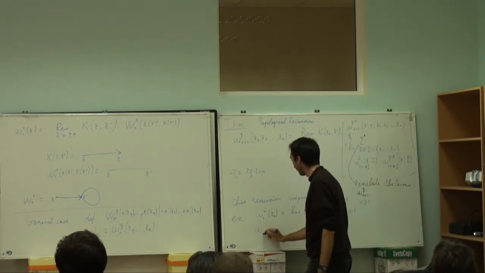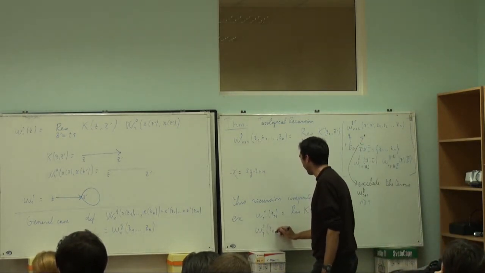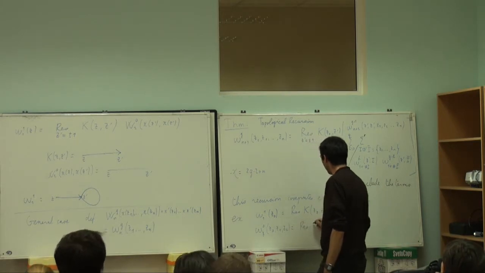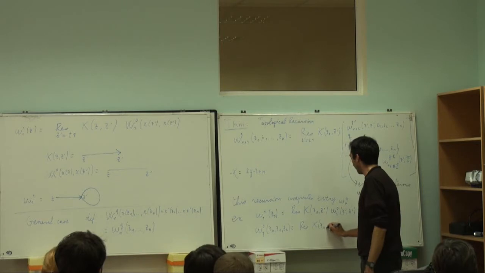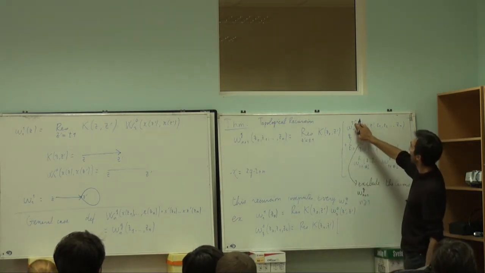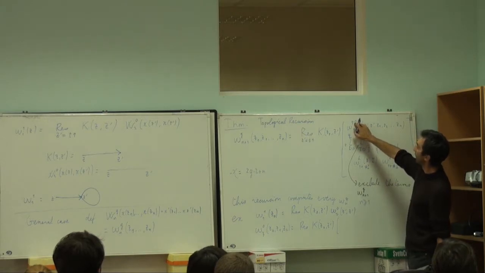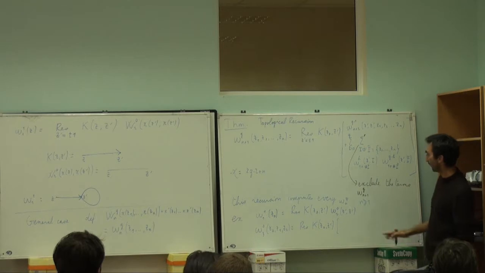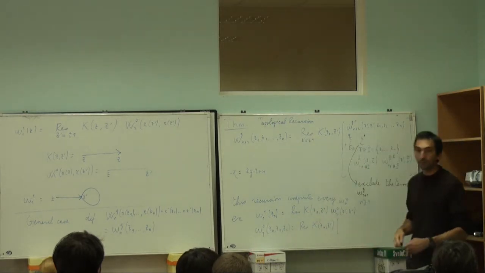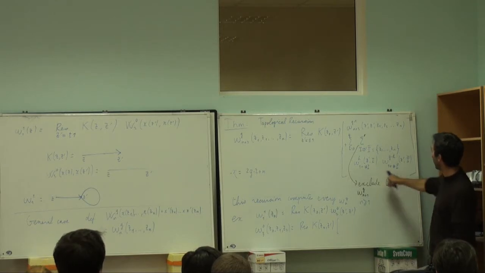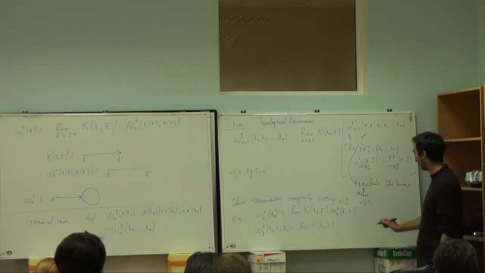Another example would be omega 3,0 of z0, z1, z2, which would be a residue of k z0, z prime. And here we don't have this term because this term appears only if g is larger than 1. We want to split z1, z2 into all possible subsets in all possible ways, and we must exclude those terms. So there are only two possibilities.